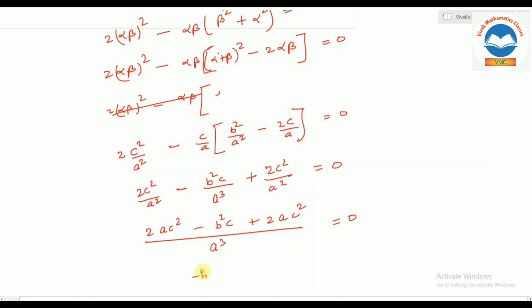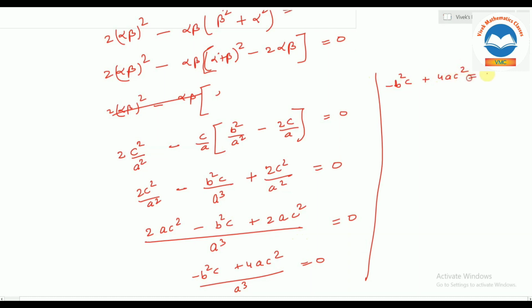So you will get minus b square c plus 4ac square divided by a cube equal to 0. Multiplying by a cube, we get minus b square c plus 4ac square equal to 0. If I take minus c common, we get b square minus 4ac equal to 0. It means minus c into delta will be 0, otherwise c delta will be 0. This will be our answer.